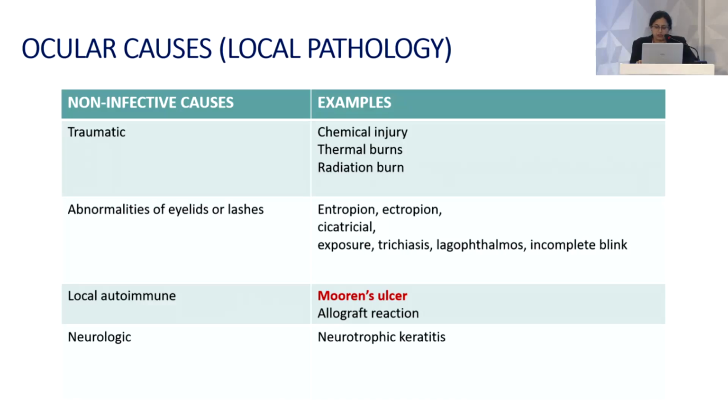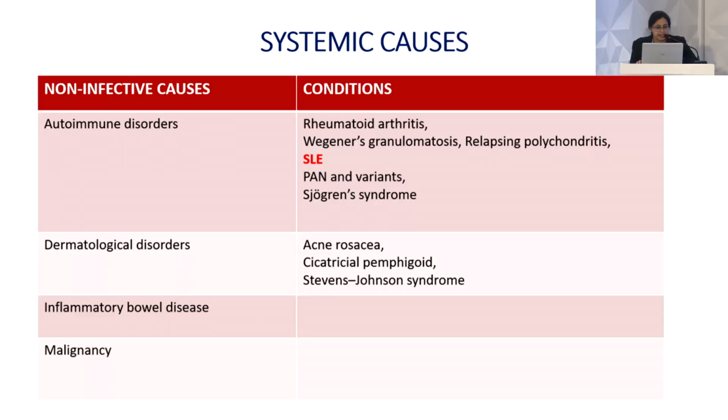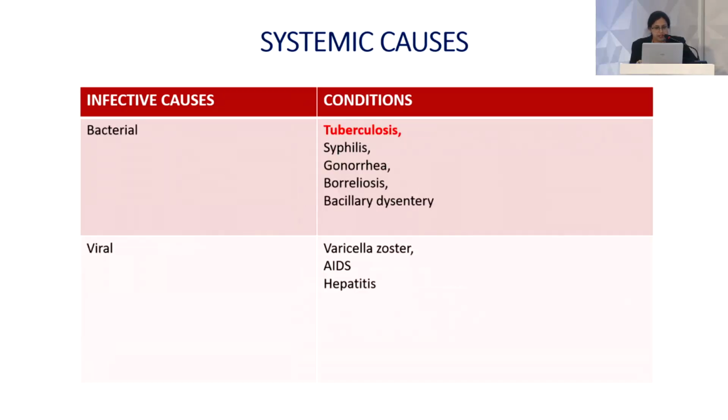Neurologic causes include neurotrophic keratitis. Among systemic non-infective causes are autoimmune disorders such as rheumatoid arthritis, which may be implicated in around 30 to 40% of cases in which autoimmune disorders are implicated. Then Wegener's, SLE, PAN, Sjogren's. Dermatological disorders include the cicatricial pemphigoids and Stevens-Johnson syndrome. IBD and malignancy, of course, we covered.